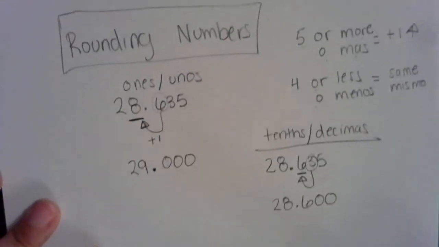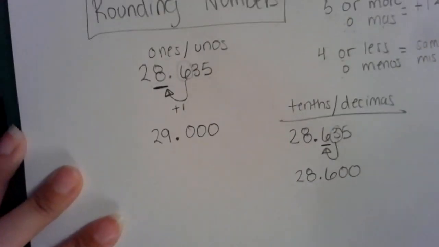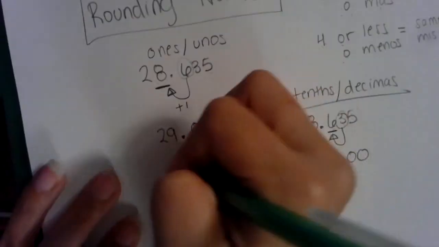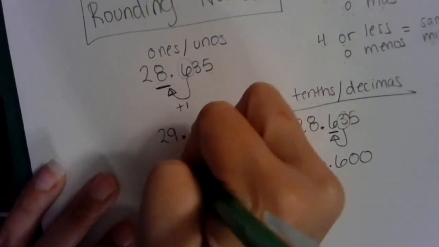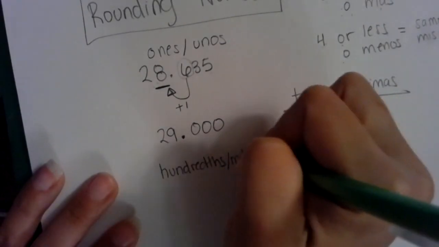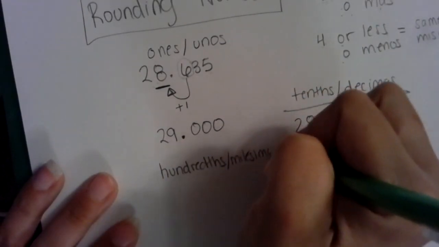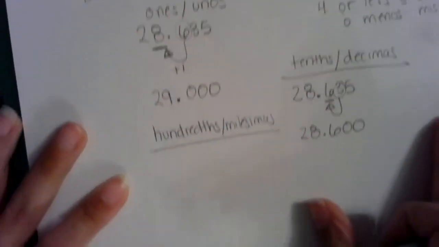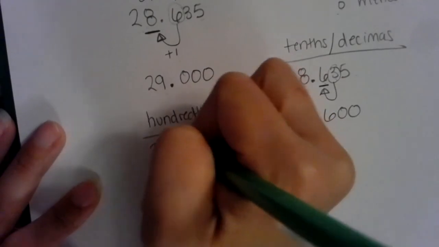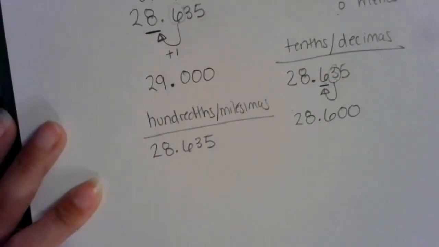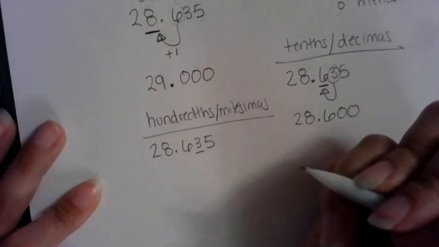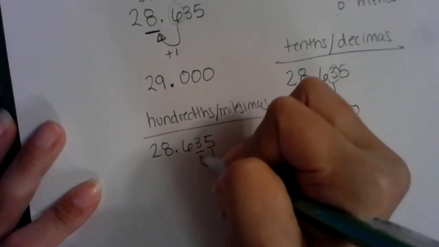One last time, we're going to round this same number, but this time we're going to round it to the hundredths place. Or, in español, milésimas. Find the hundredths place. Look to the right, derecha.